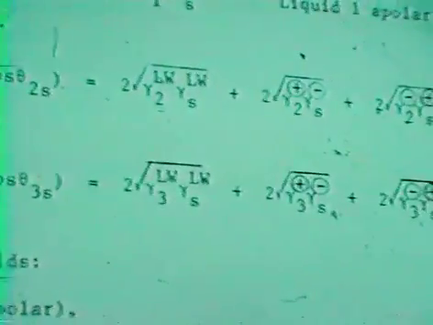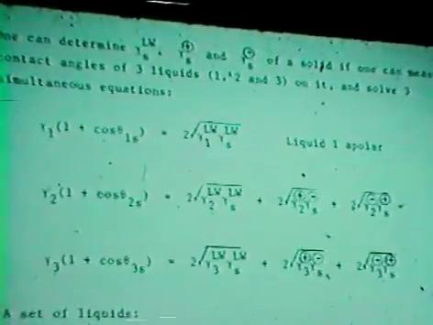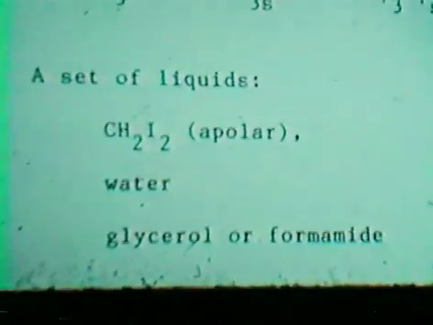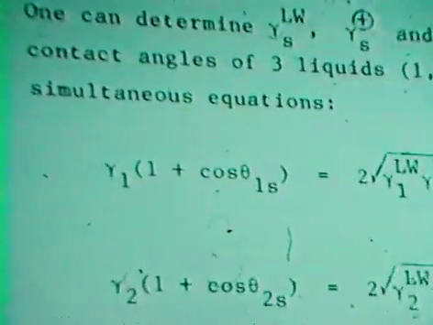And you can tell by inspection that if we know the parameters, gamma plus, gamma minus, and gamma LW for the three liquids, then we have three equations and three unknowns, and we can solve for the three components for the solid.